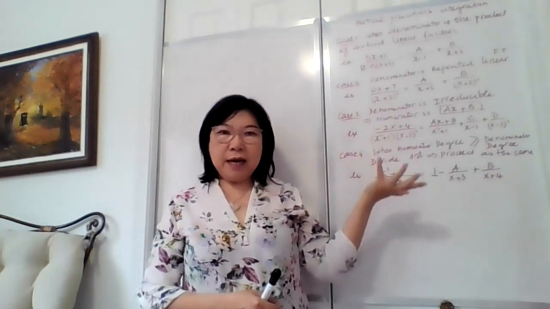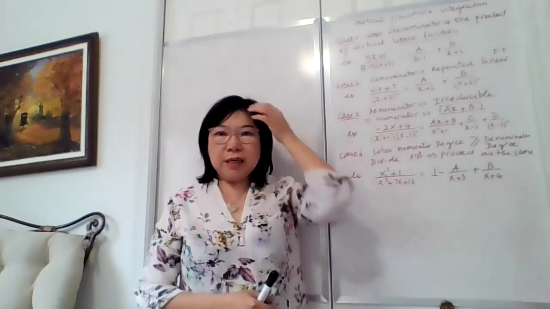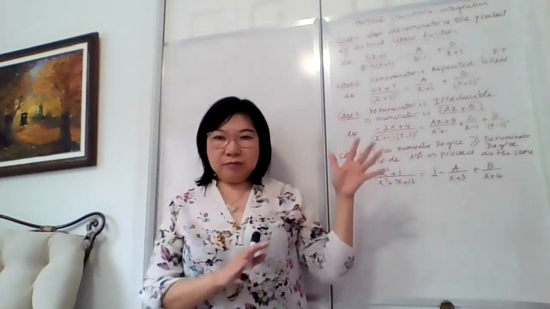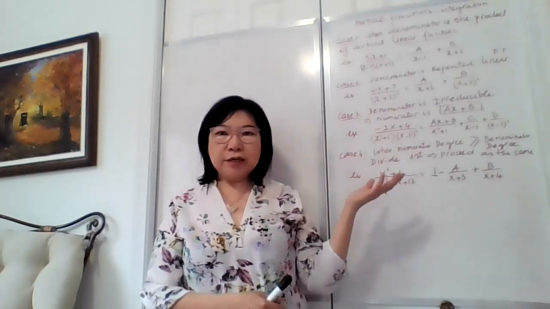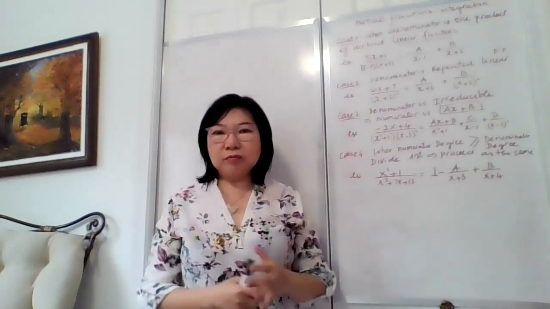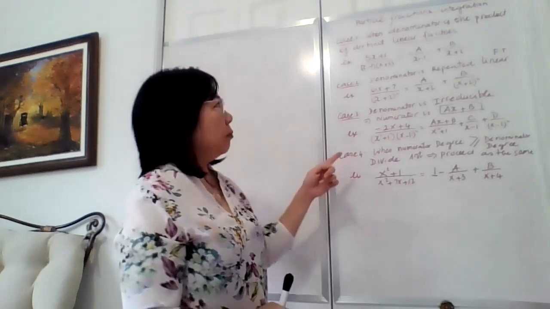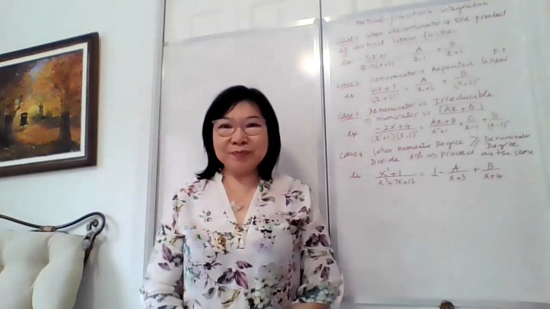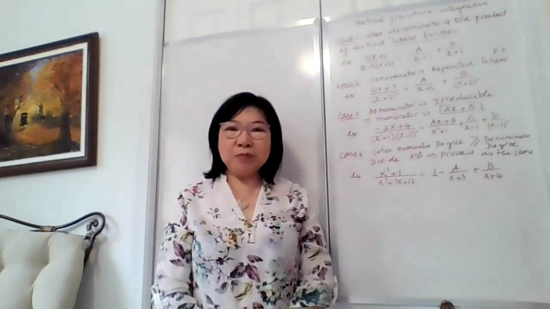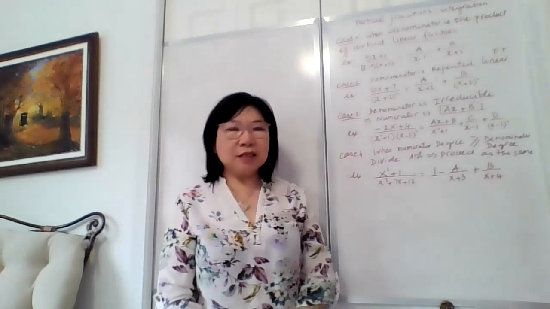But if I lay it out first, and then at the end I summarize it, you will, for sure, remember better. But let's see how the concept of partial fractions looks like.